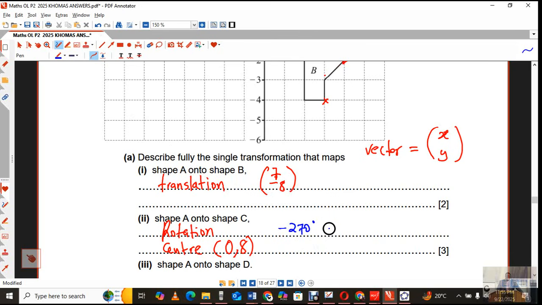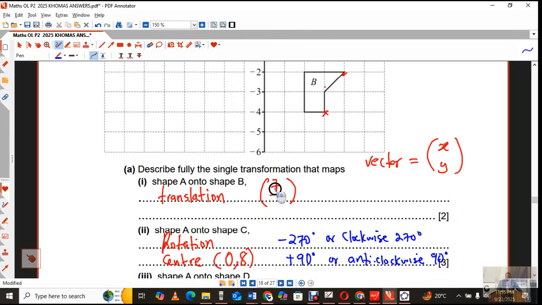You can write it, or you can say clockwise 270 degrees. If I just write plus 90 or just 90 degrees, it means anti-clockwise, or counterclockwise rather, whichever one you prefer. Something that goes 90 degrees counterclockwise is the same as 270 degrees clockwise.